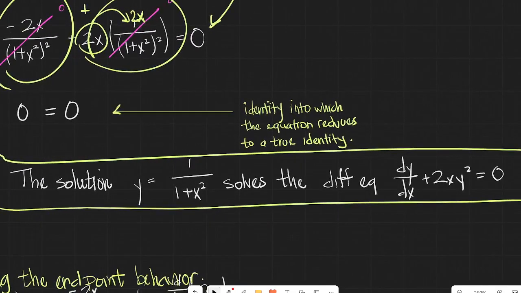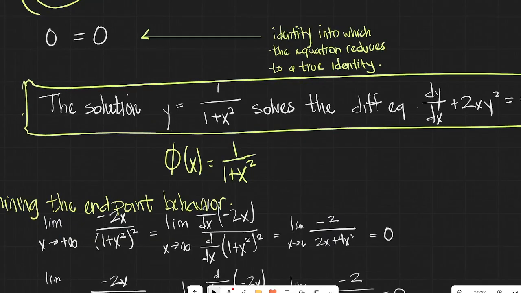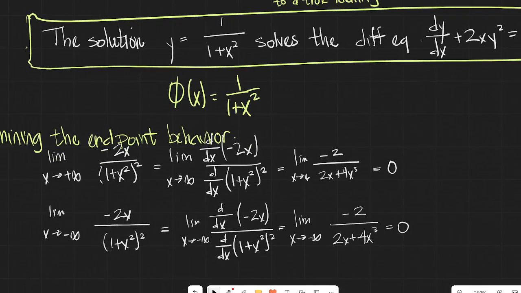So we verified that the solution y, or we can actually just call this phi, they use phi for a general thing, solves the diff EQ, which is given right here. And we can also do something extra.